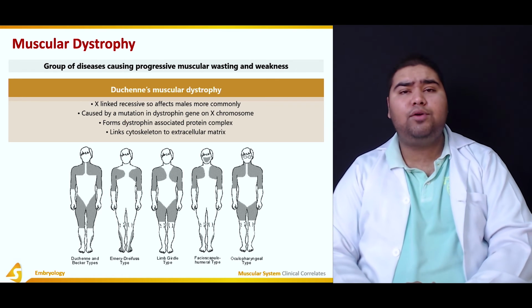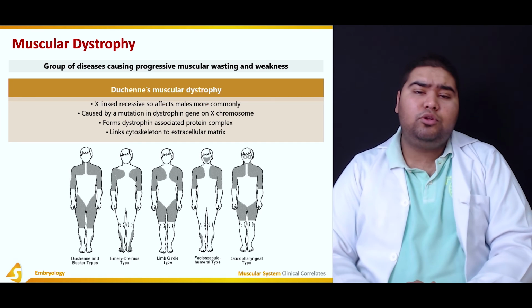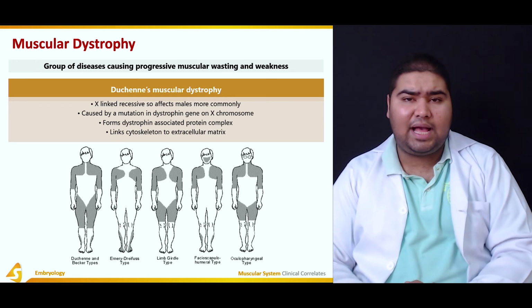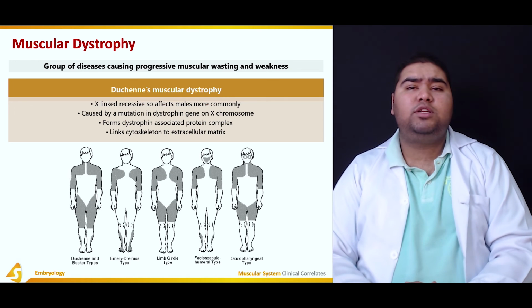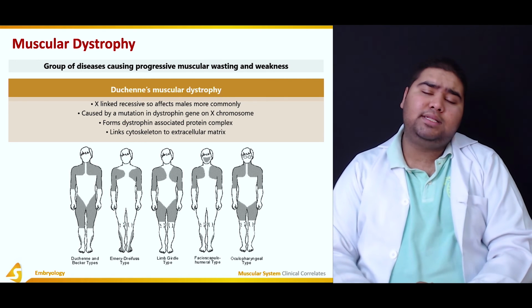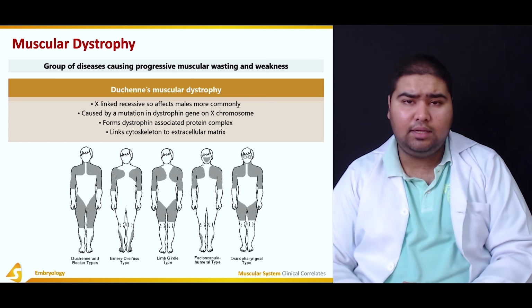Then we talked about muscular dystrophy. Muscular dystrophy was a group of diseases which cause progressive muscular wasting and weakness. It was an X-linked recessive trait, so it affected males more frequently, the cause of which I told you earlier.